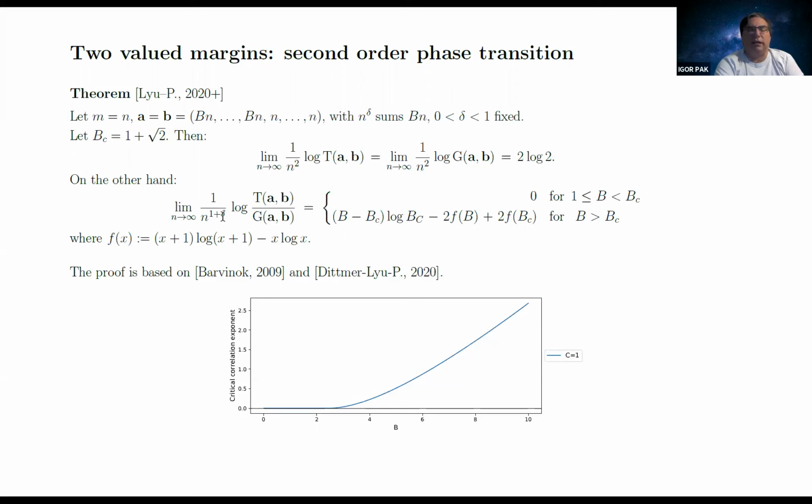Let's say delta is 1/2, so the e to the n to the 3/2 term. You don't even see at all what it should be unless you solve various equations and realize whether it's above or below the phase transition. So you need to know the phase transition. This is just the simplest case one can imagine when you have two types of sums.